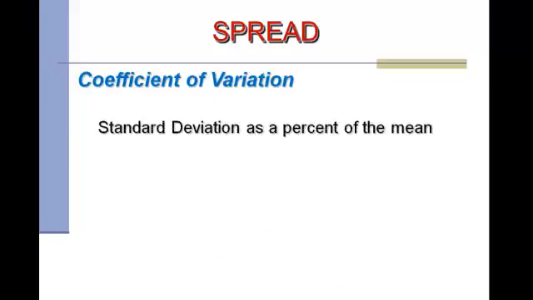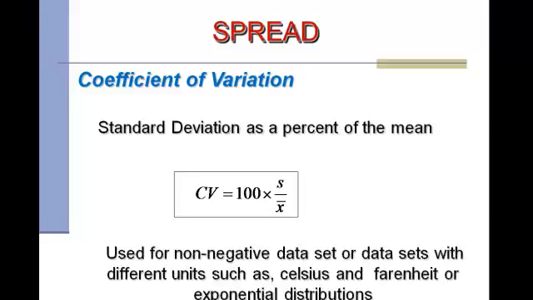Then there's one more measure, and I'm just going to run over this very quickly. It's called the coefficient of variation. And again, I'm not going to be inundating you with formulas, and you don't have to know this formula. You don't need to write it down. The coefficient of variation just takes the standard deviation, which is abbreviated by this S, S stands for standard deviation, and we divide it by X bar.